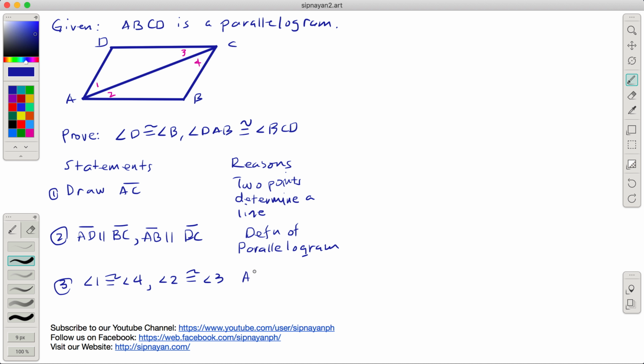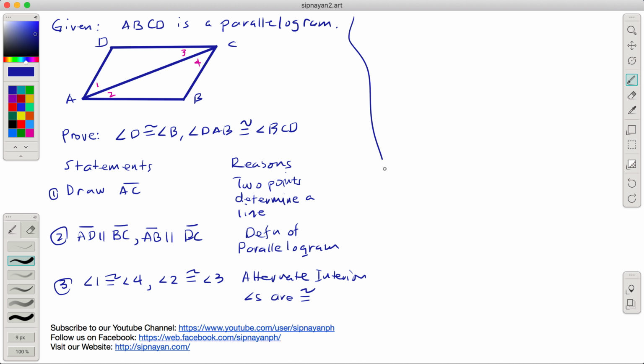So alternate interior angles are congruent. Of course, magiging congruent lang siya kung parallel yung dalawang lines na kinakat ng transversal. And alam natin na parallel because of number 2, di ba? Next, number 4.